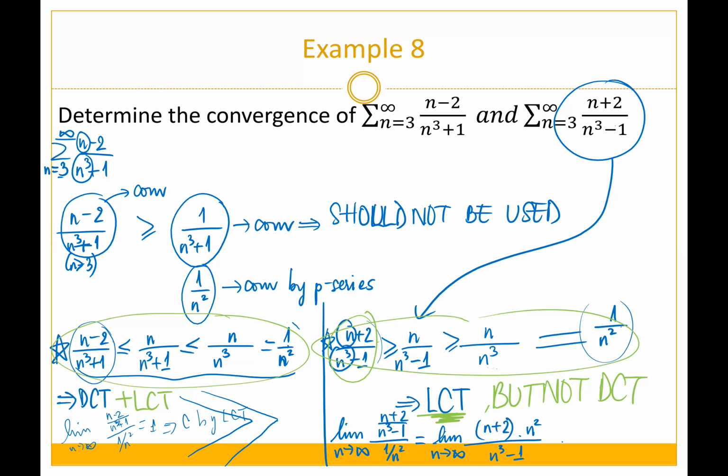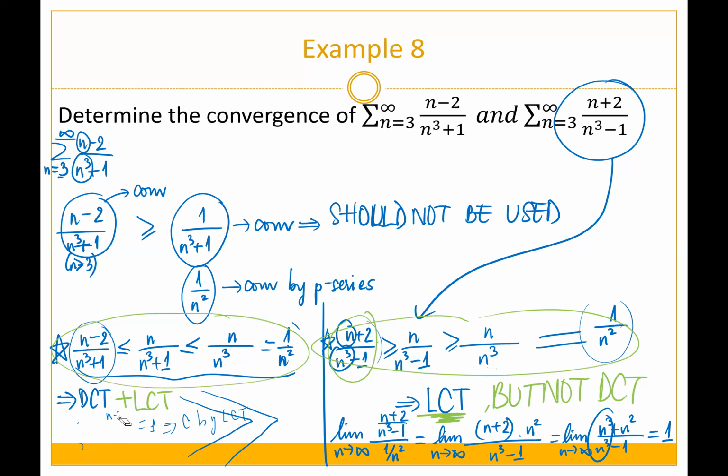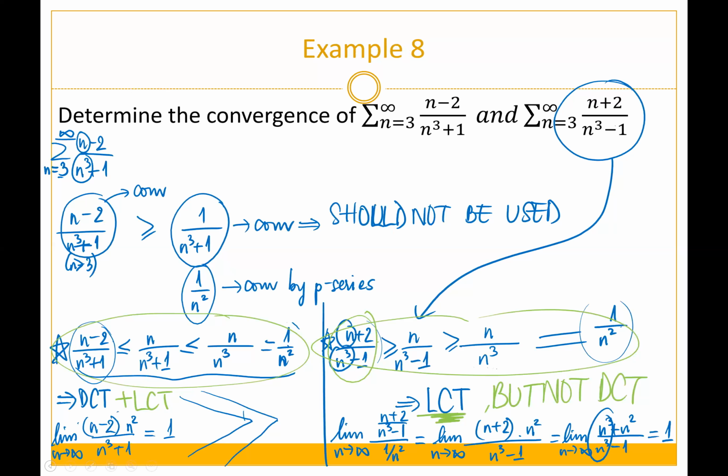Did you see the highest power? So you have n cubed plus n squared over n cubed minus 1. What really matters is n cubed over n cubed, which is 1. And you're going to do the same thing over here: the limit as n approaches infinity of n minus 2 times n squared over n cubed plus 1, which is going to give us 1. So it's convergent by the limit comparison test.